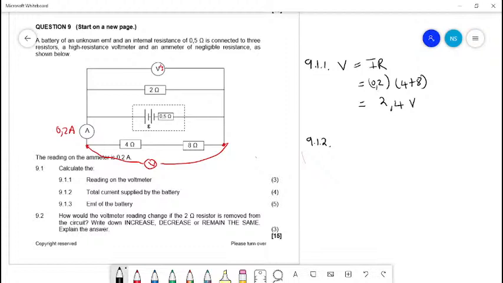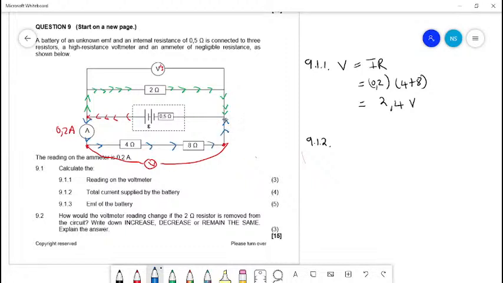So to calculate the total current supplied by the battery, is to understand that the direction of current will move from the positive terminal. And when it gets to this junction, some of the current will go up, right? So this is the movement of current. And then some of the current will go down, and this is the 0.2 current.